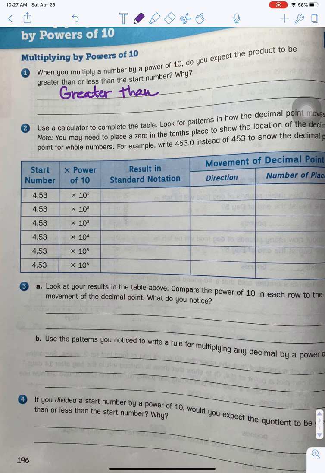Multiplying a number greater than 1 gives a product greater than the start number. We'll just say multiplying by a number greater than 1 usually is larger. Okay, so it's a greater amount.